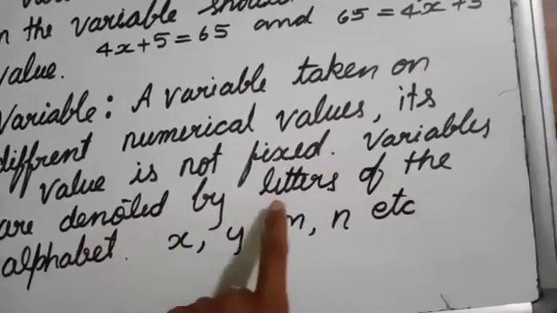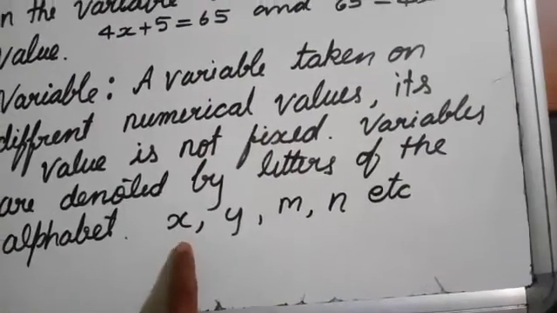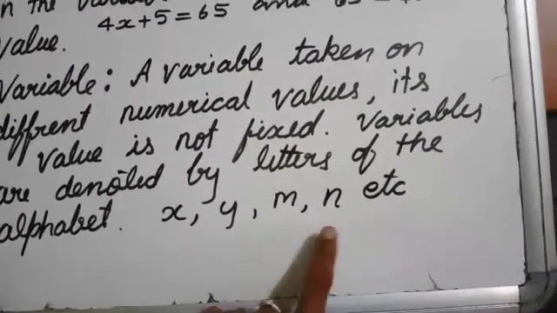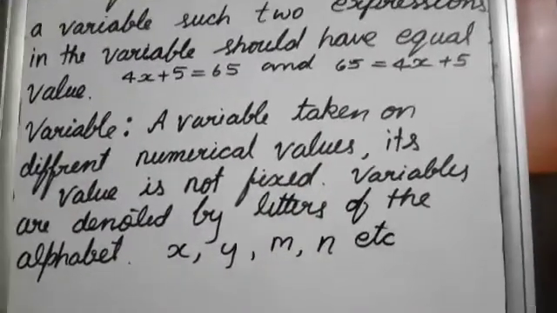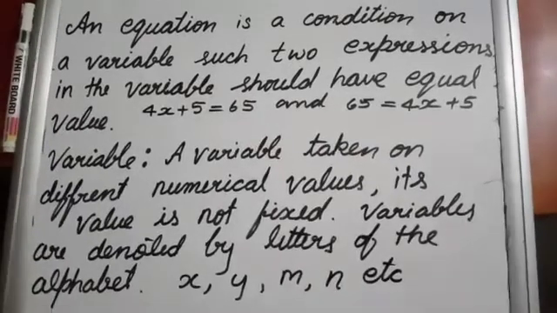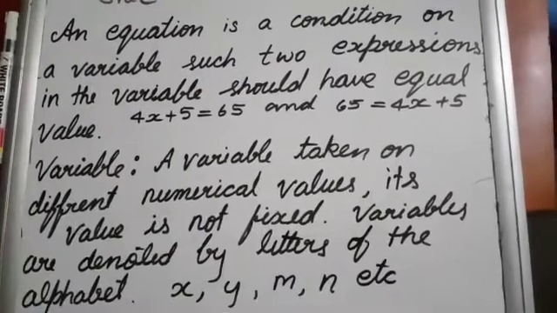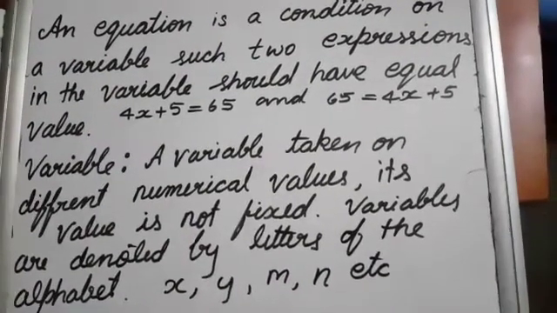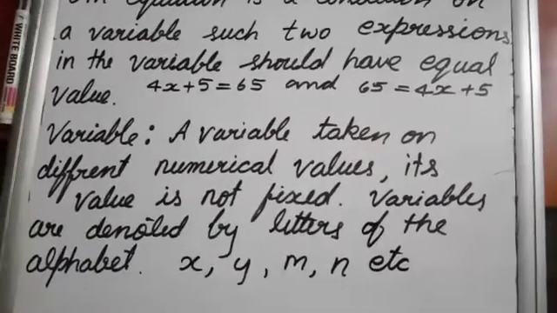Variables are denoted by different letters, that is x, y, m, n. Any letter can be used. So in this way, a variable takes different numerical values. Its value is not fixed. Variables are denoted by letters of the alphabet.